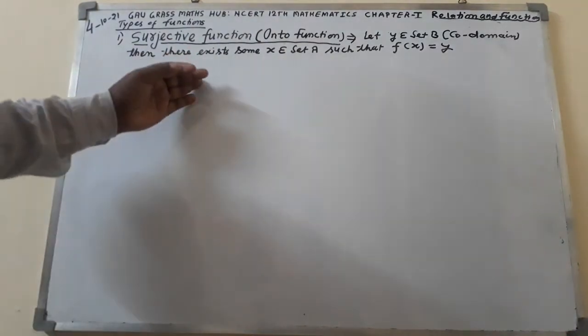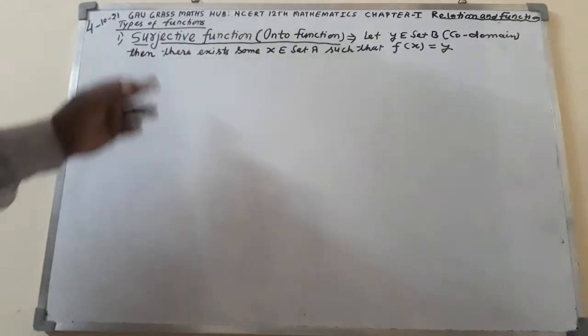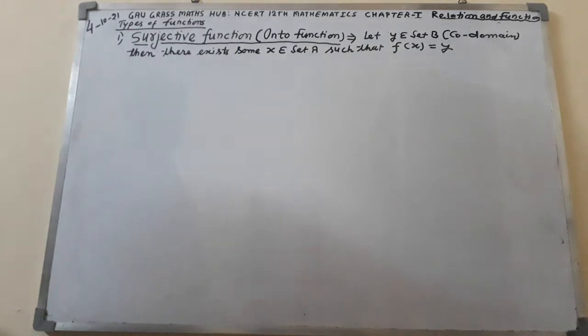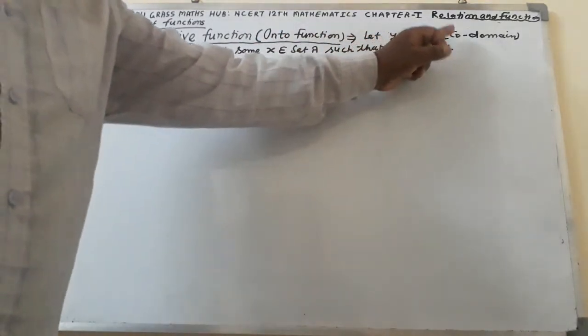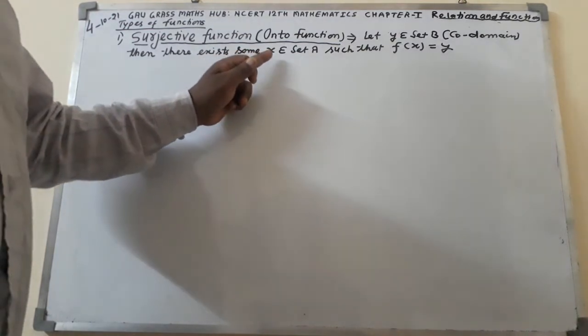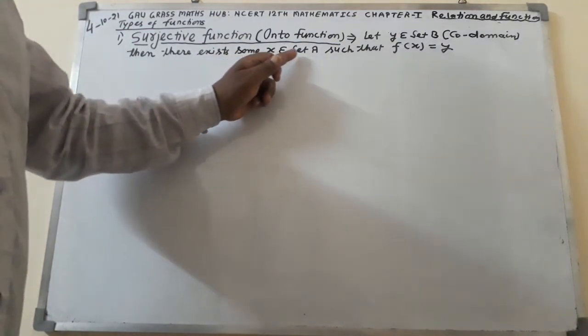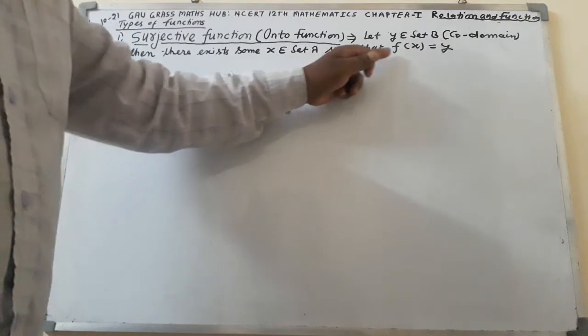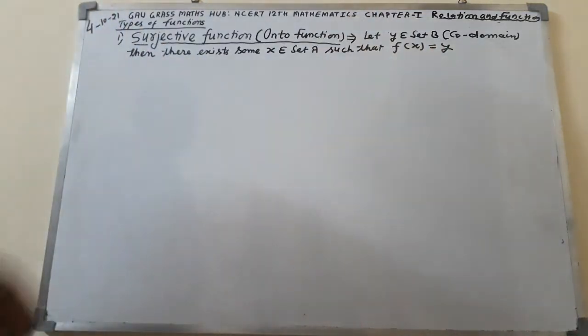This is the general concept related to surjective function, onto function. Let y belong to set B, the codomain. Then there exists some element x belonging to set A such that f of x is equal to y.